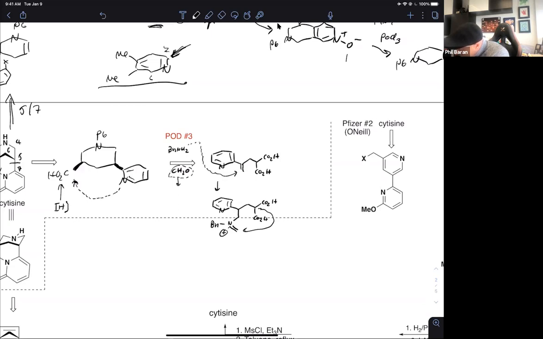It just probably in practice is a different order of events. You're probably making that type of intermediate, and that then will react very rapidly with that Mannich intermediate, which will then do what you said, the conjugate addition.